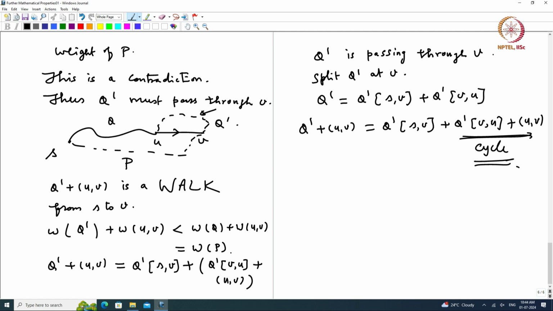This cycle is over here. So, I can drop it because all cycles have got non-negative weight.